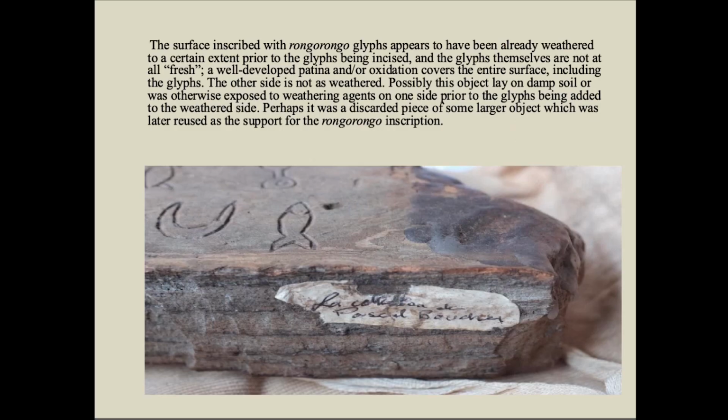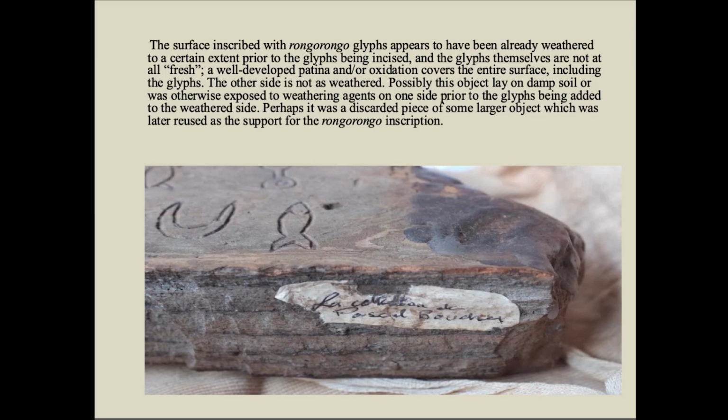It looks to me, and I have some training, should we say, in such things, and I've looked at a number of Easter Island specimens and other specimens around the world, antiquities. It looks to me like this was a weathered surface that was then used to carve the rongorongo inscription on it, which has weathered since then.